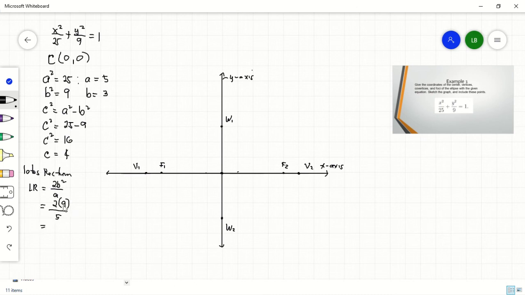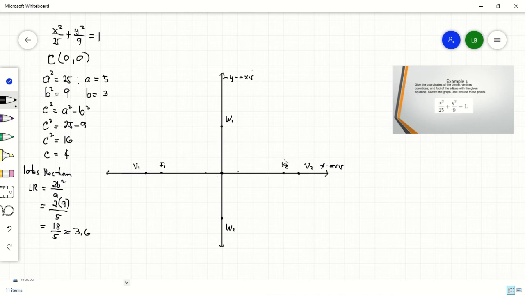So, it is equal to 18 over 5 or approximately 3.6.